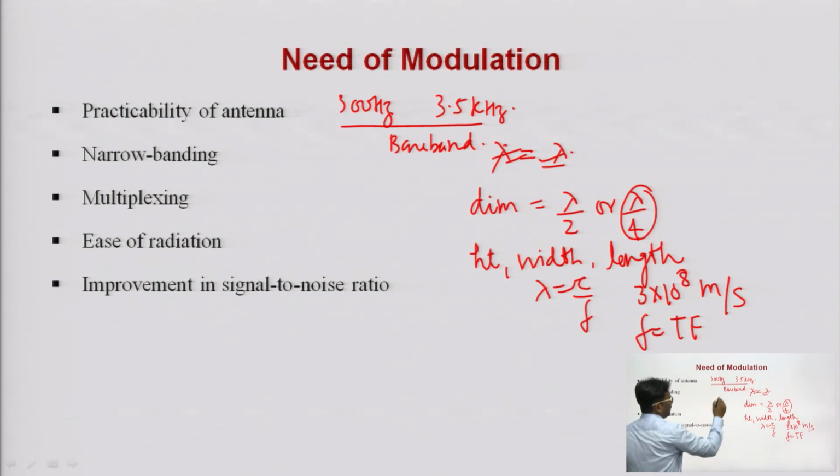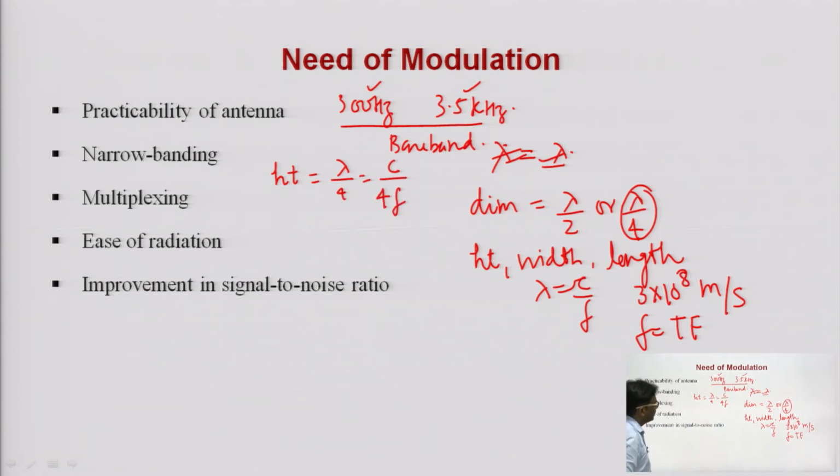This range contains infinite frequency components between 300 hertz to 3.5 kilohertz. So, if I use an antenna whose height is lambda by 4, meaning c upon 4f, then you can see the height is proportional to 1 upon f, because c and 4 are constant.